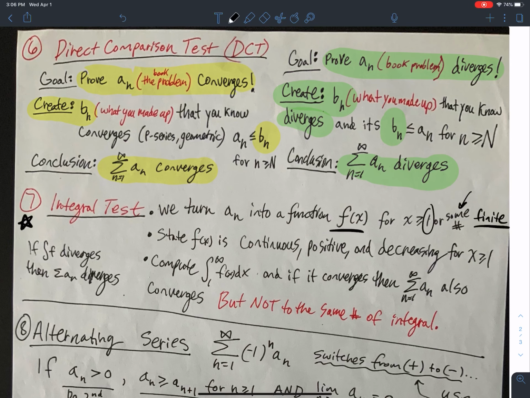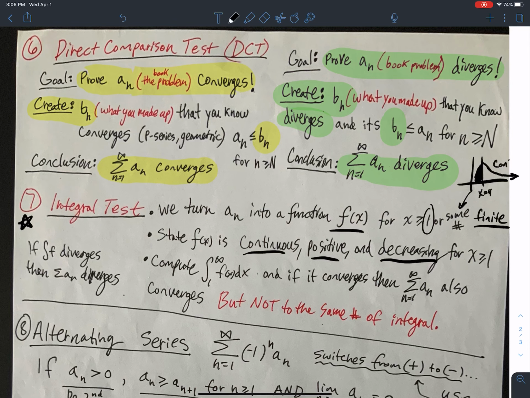Because maybe you have some function that increases, but then at some point it starts decreasing from then on. So maybe at x equal to 4, the function is continuous, positive, and decreasing from then on. And if it's some finite amount here, then that is okay.